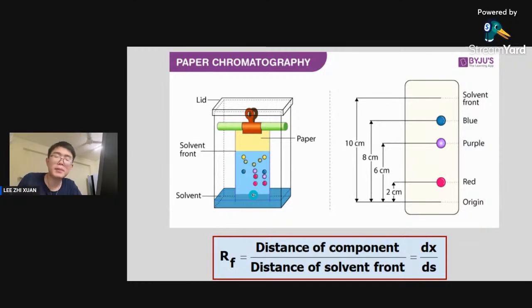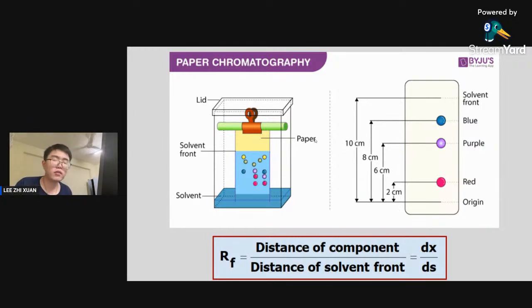Your sample is the chlorophyll pigment, and it tries to flow upward through the stationary phase. So your stationary phase is the paper chromatography. Okay, so this is the concept of stationary phase and mobile phase.